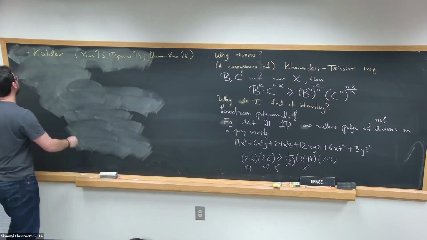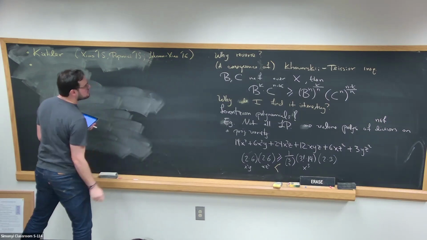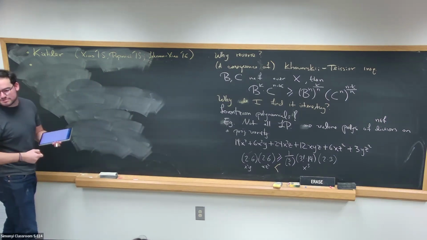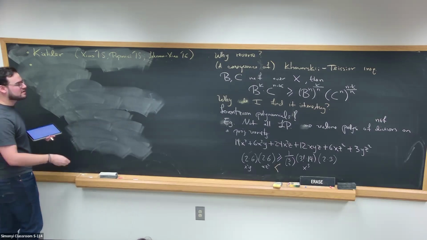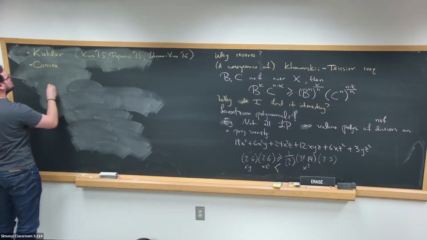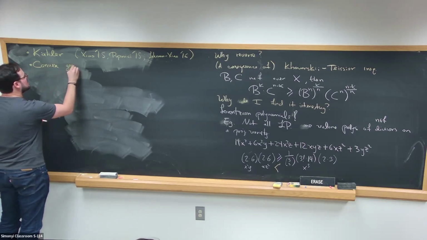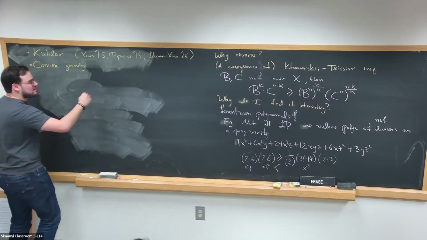But then in another paper by Lehman and Xiao, where they're trying to make some correspondences between inequalities in Kähler geometry and inequalities in convex geometry, they realize that they can prove a version of this inequality in convex geometry in terms of mixed volumes.